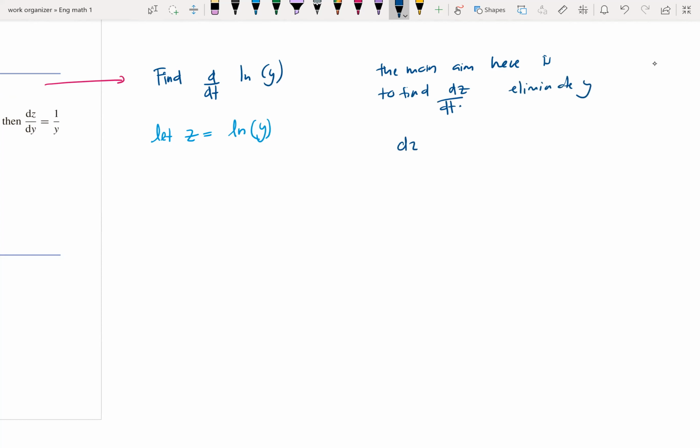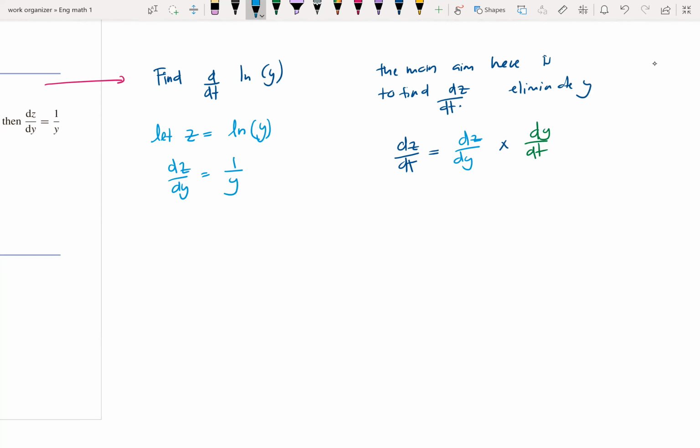So dz over dt is equal to dz over dy, then multiplied with dy over dt. So we just differentiate z first. dz over dy is equal to 1 over y.